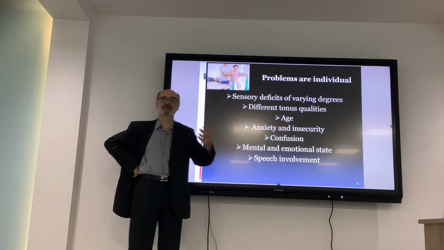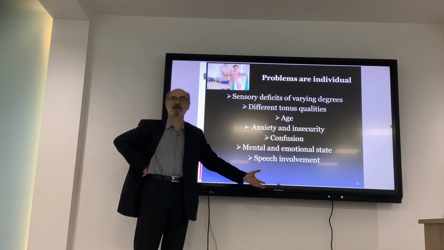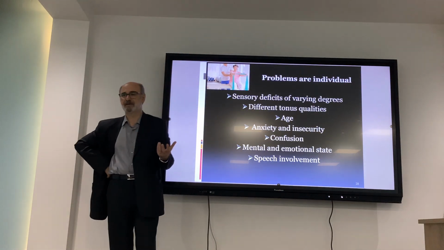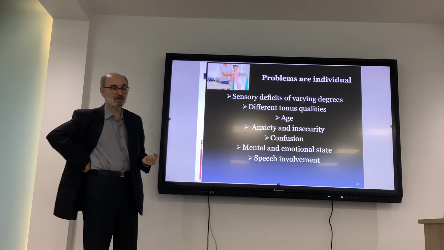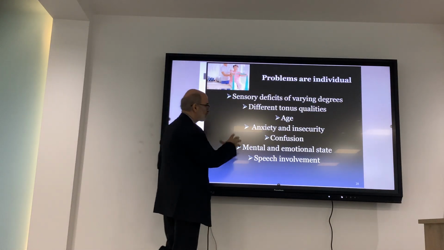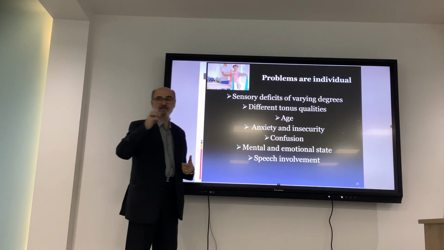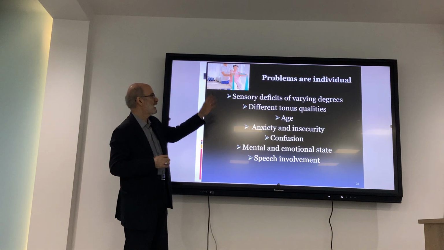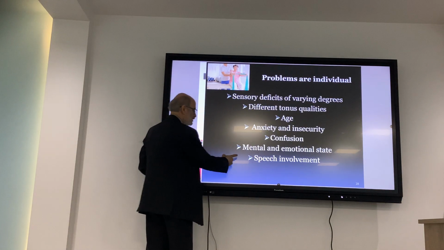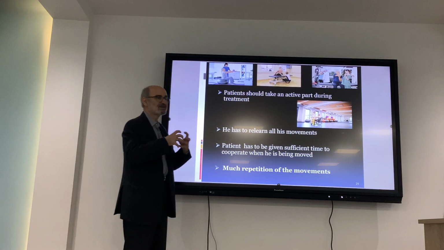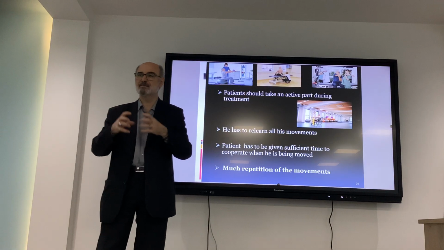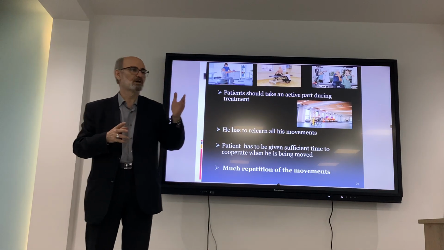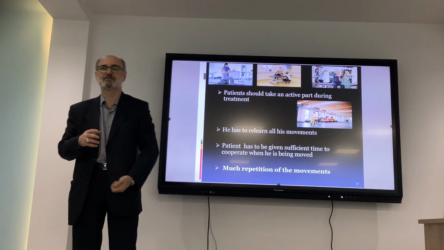And some people have speech involvement, aphasia, and some do not have aphasia and communication problems. Therefore, each patient is unique and problems are individualized. Therefore, the treatment techniques must be individualized according to the assessment of each patient.